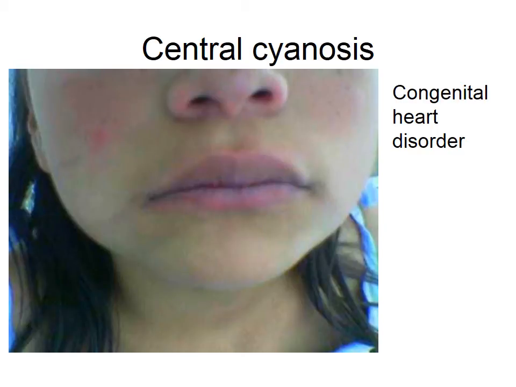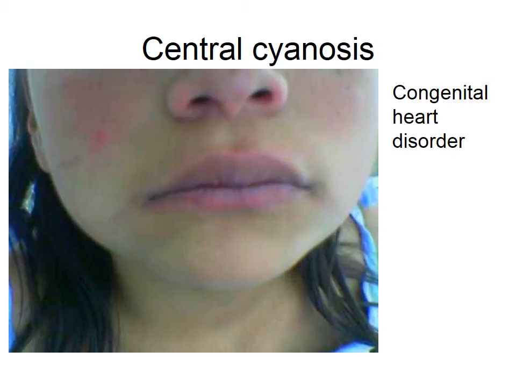Well, a congenital heart disease is a heart disorder which is present at birth, and these are usually anatomical in nature. For example, you probably know that during fetal life, there's a communication between the right atrium and the left atrium called the foramen ovale, and this is supposed to close off at birth.